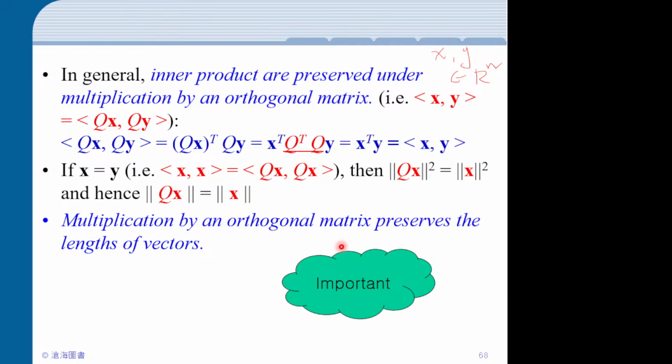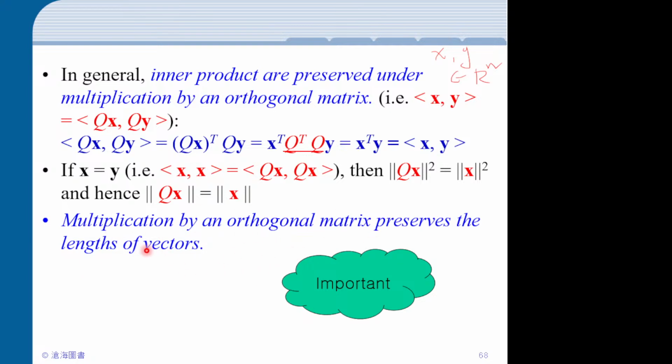If you pick y equal to x, then you also see that Q doesn't change the length of your vector. So x inner product with x equals Qx inner product with Qx, so the norm of Qx squared equals the norm of x squared.